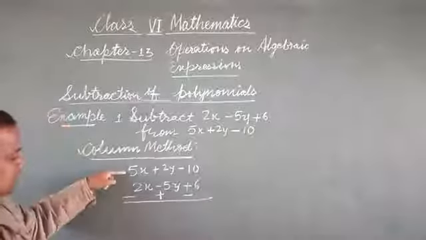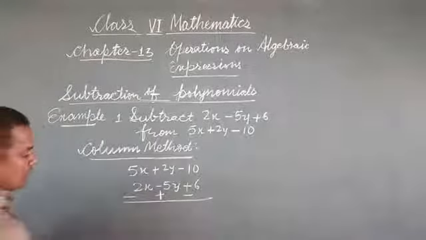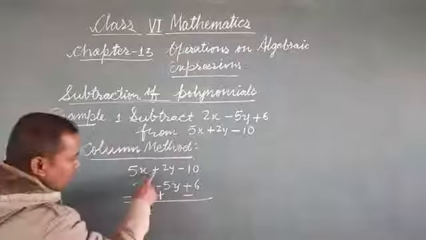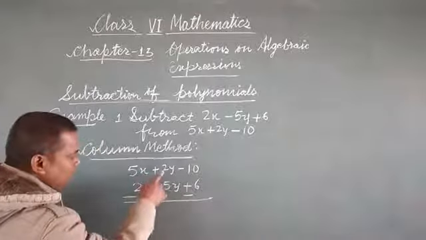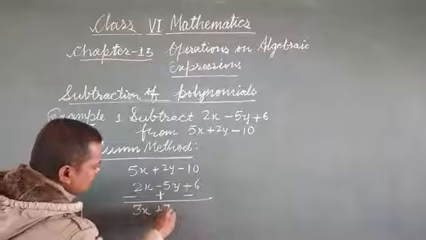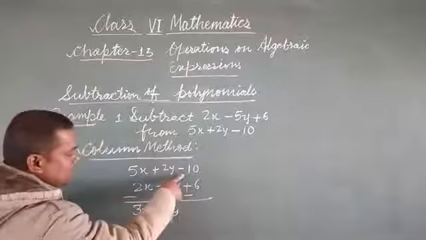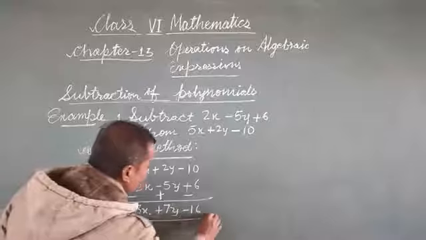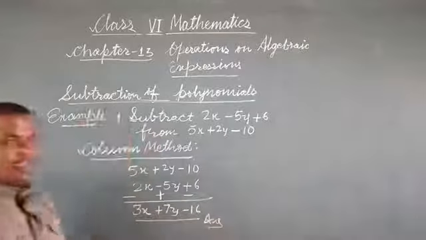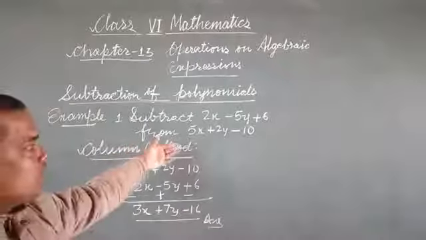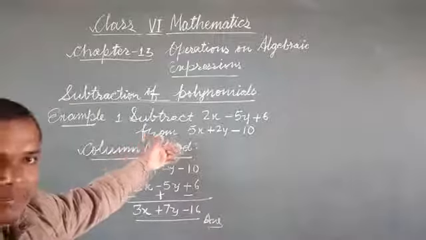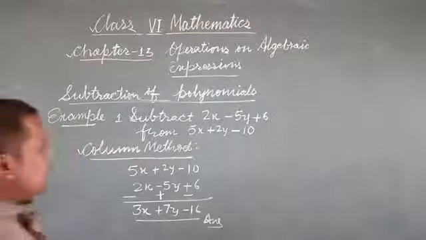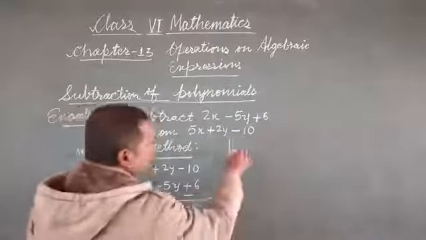So 5x minus 2x, the result will be 3x. 2y plus 5y, the result will be 7y. Minus 10 minus 6, the result will be minus 16. So this is the required difference of the given algebraic expressions according to the column method. Now I am going to discuss with you the horizontal method.